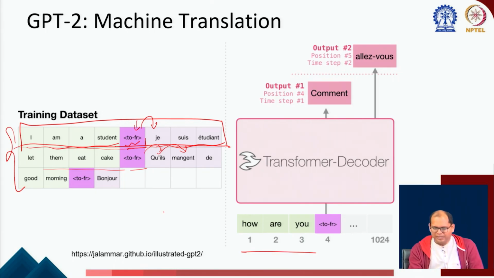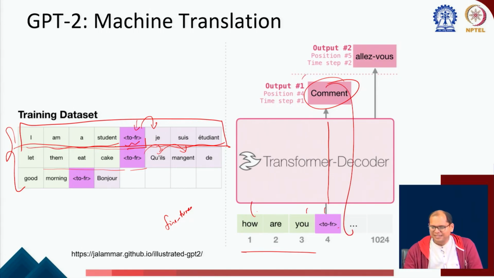I feed it, I generate all the query, key, value pairs for the previous words, and then with this 2FR token, I start generating the first token of my output, right? Output number 1, I feed it back and I generate the next position of the output. So that can be one way I can use the transformer decoder model for doing translation, right?